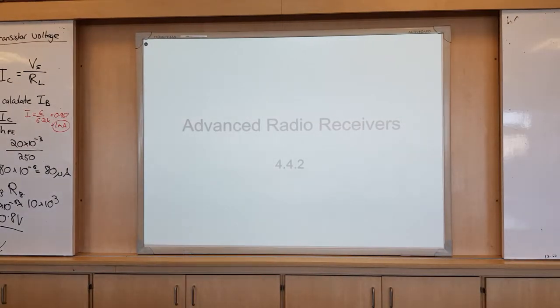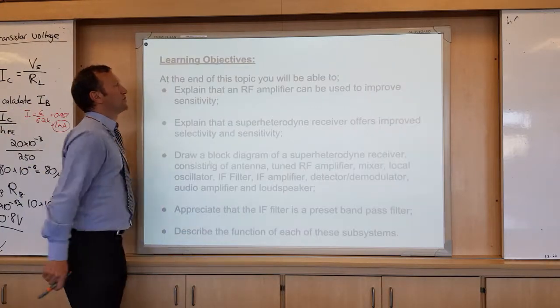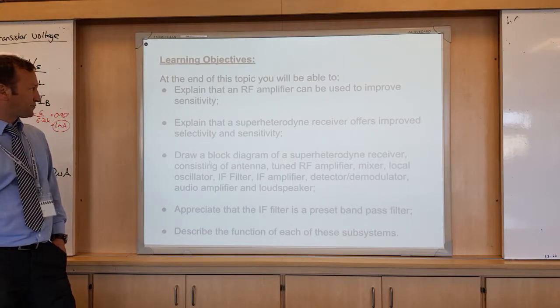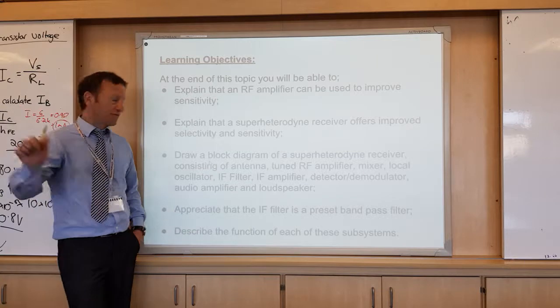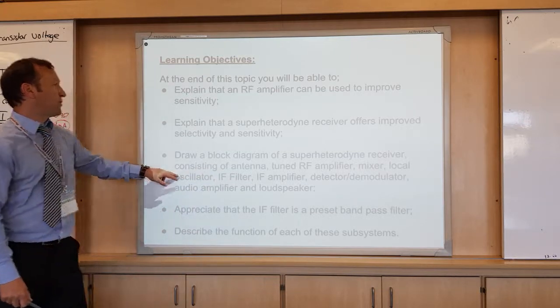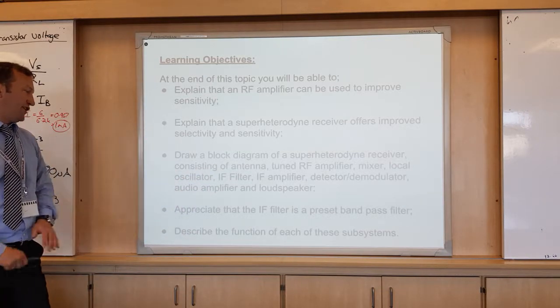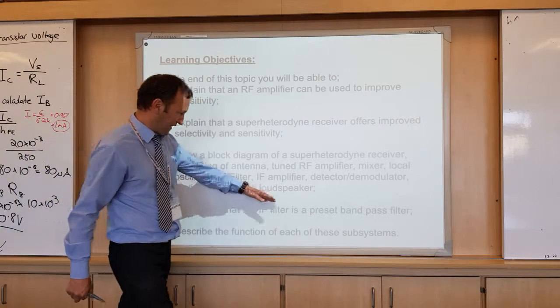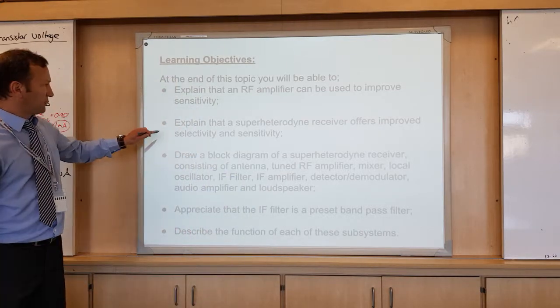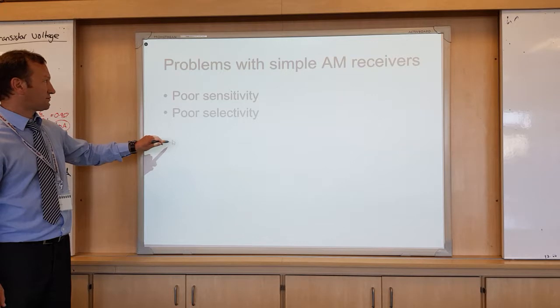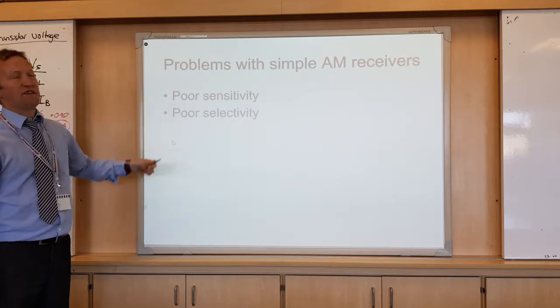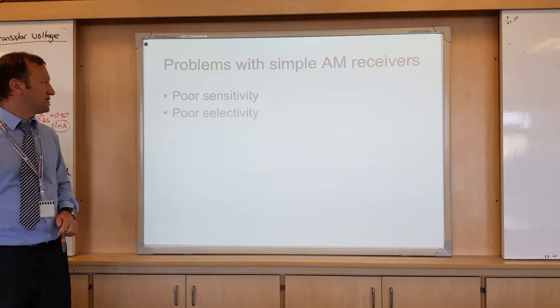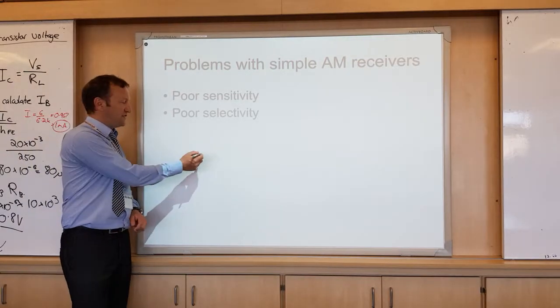Okay, advanced radio receivers, also known as the Superhets. How we improve the radio. You need to know the block diagram, you need to know the function of each block, we need to know about the IF filter and all the subsystems. So, we need to get around the fact that we've got poor selectivity and poor sensitivity in the simple radio.